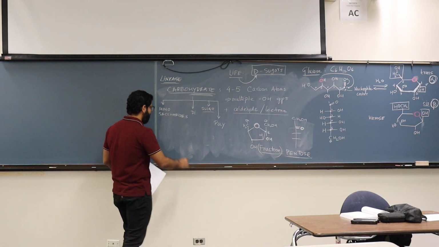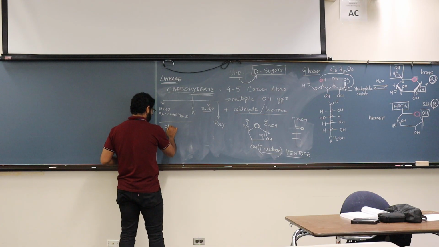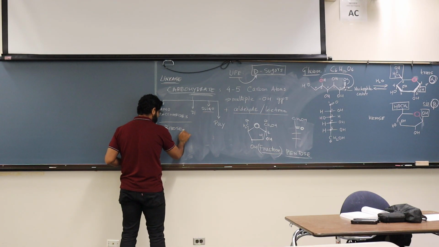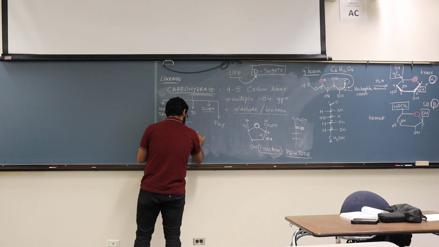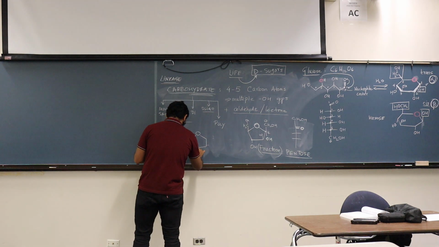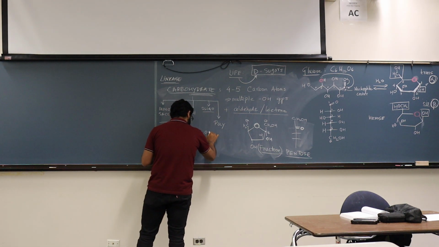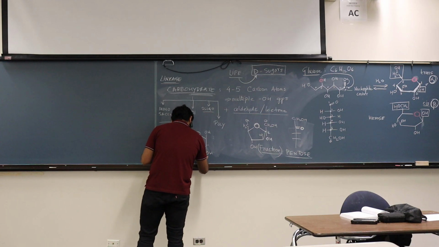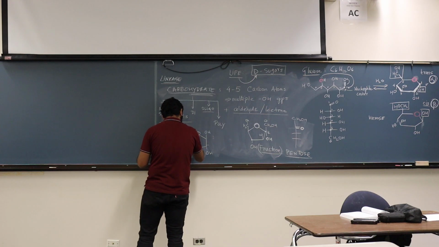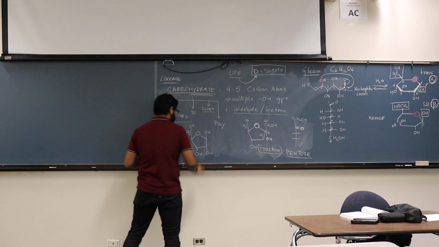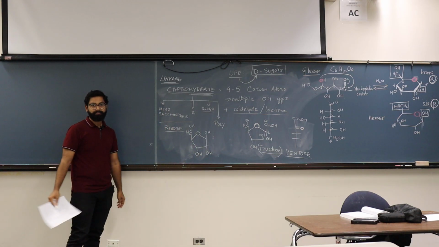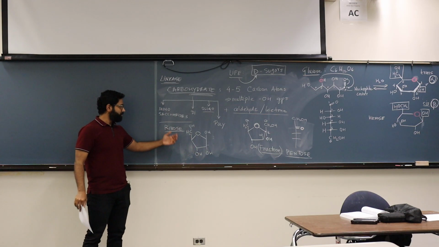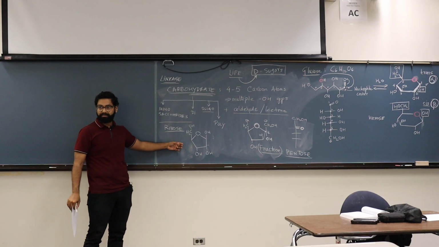We also see ribose, which is also a 5-membered ring. This is a ribose sugar. This is also called a pentose because it's a 5-membered ring.